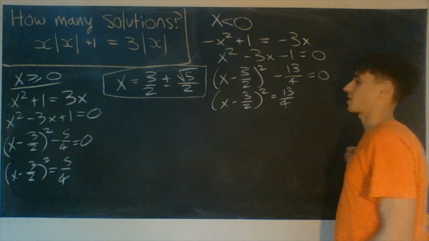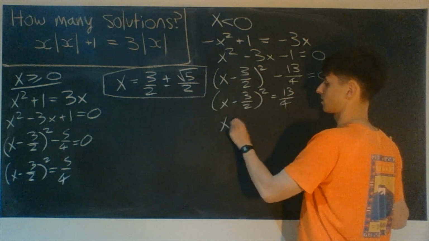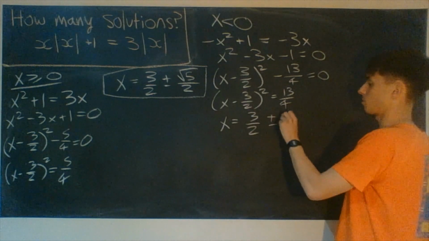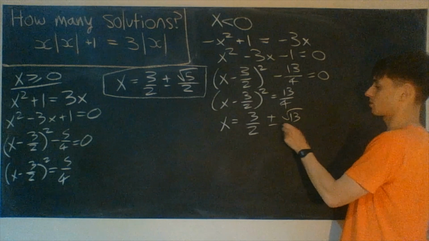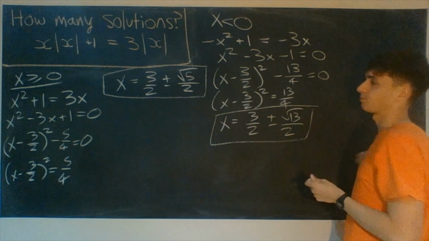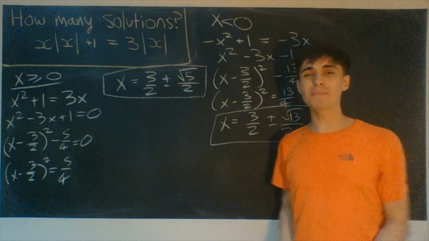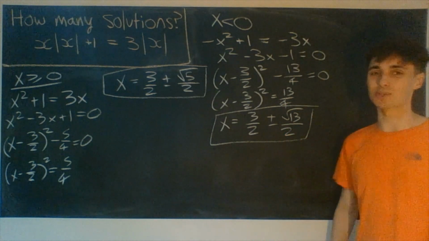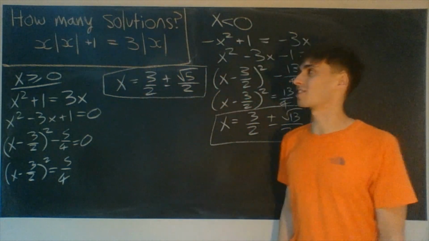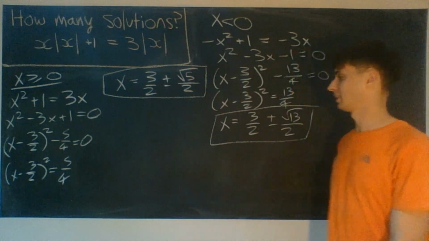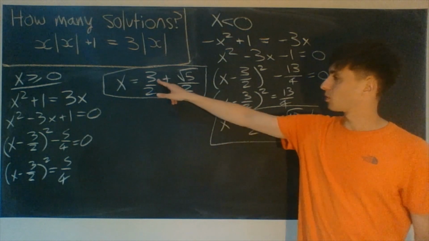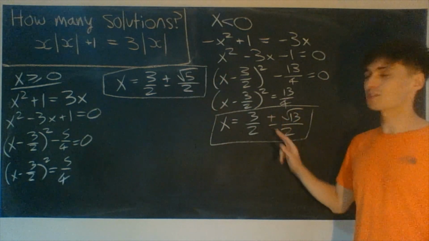Sorting this out and solving it, we should get x equals 3 over 2 plus or minus root 13 over 2. Again, I'll put this in a box. At the moment, it looks like we've got 4 solutions, because remember, our original question was how many solutions does this have? We think we've got 4, because we've got a plus or minus, and a plus or minus.